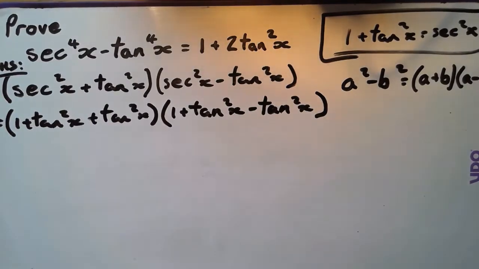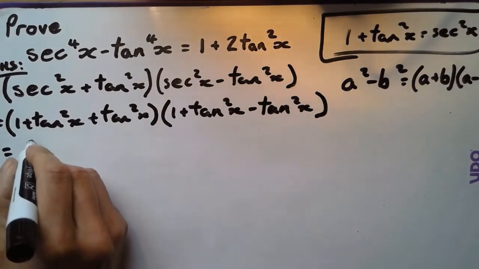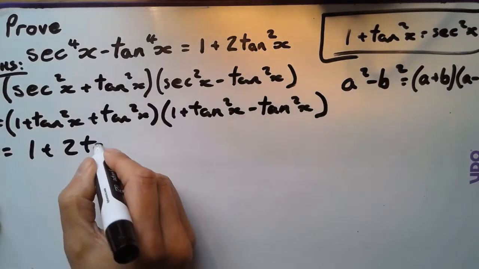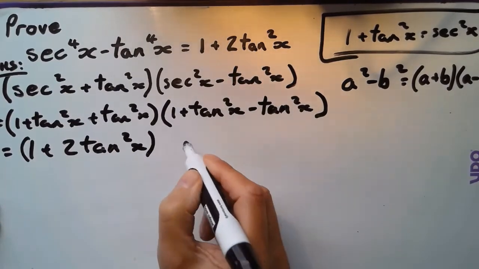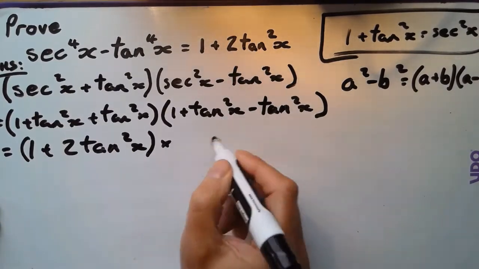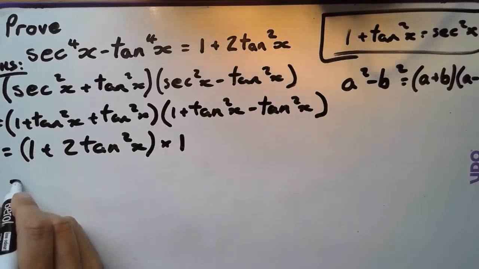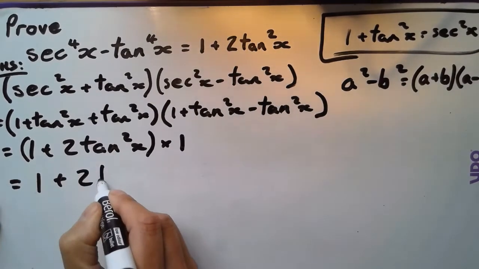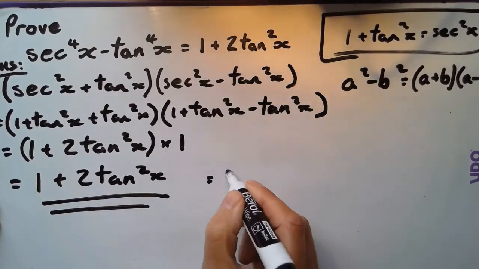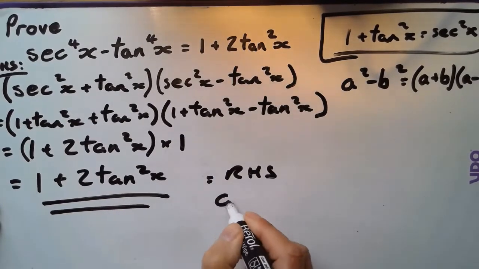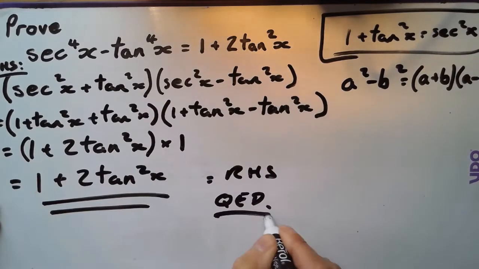You might see what's happening now. If I simplify that bit as 1 plus 2 tan squared of x, that looks very promising, multiplied by, those cancel out, 1. So that is equal to 1 plus 2 tan squared of x, which equals the right hand side, QED. So that is proved.